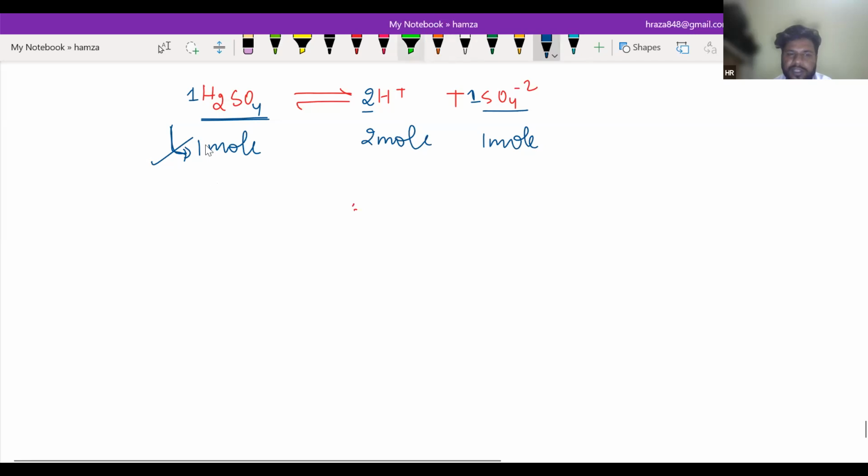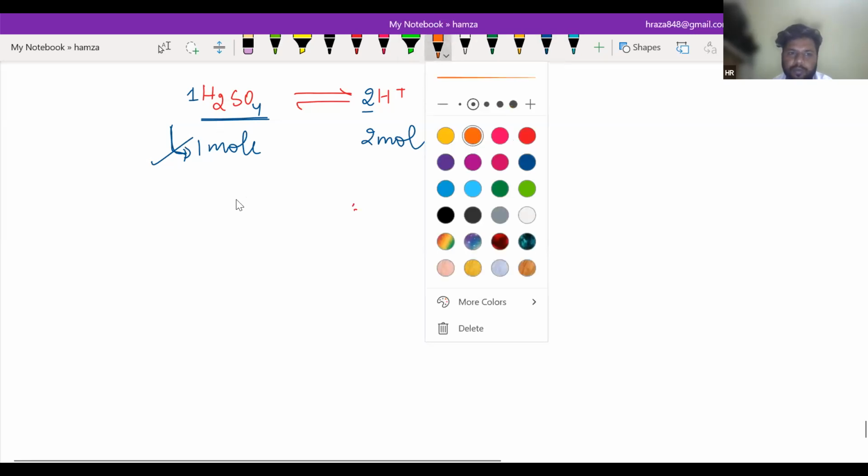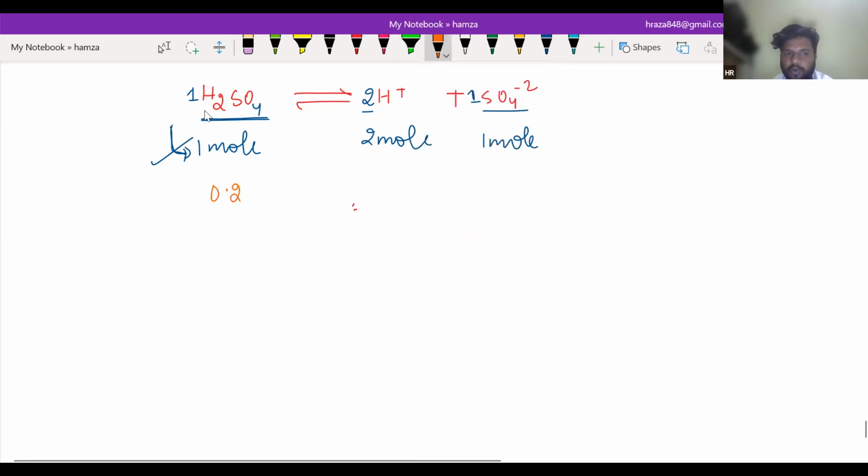What we have is, just suppose we just calculated number of moles 0.2 mole of H2SO4. What will be the moles of H plus formed here? Can you tell me what will be the number of moles formed here? If 0.2 mole of H2SO4 you have, what will be the number of moles of H plus here? Can you calculate it or not?